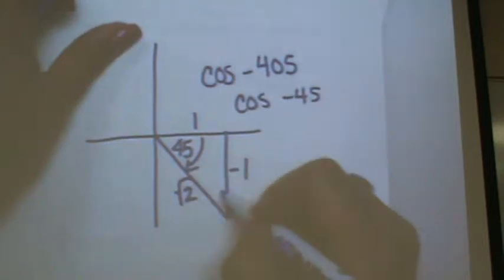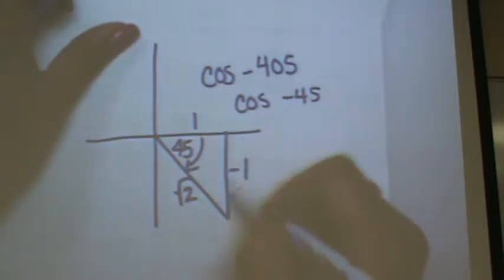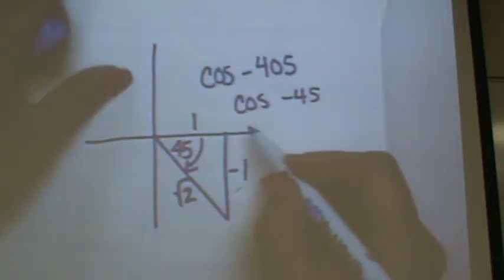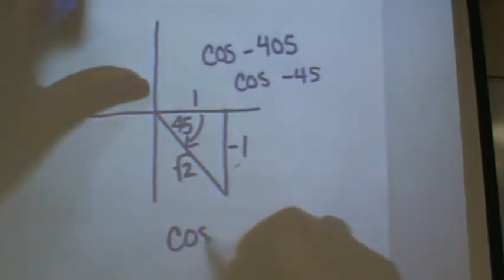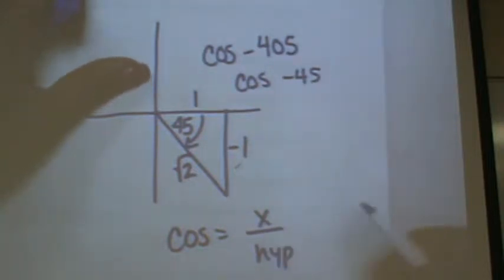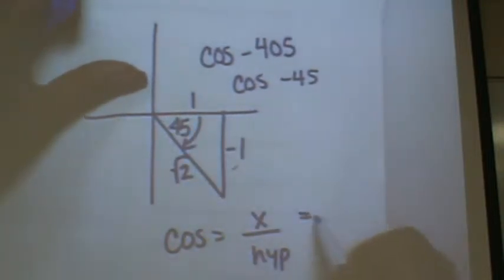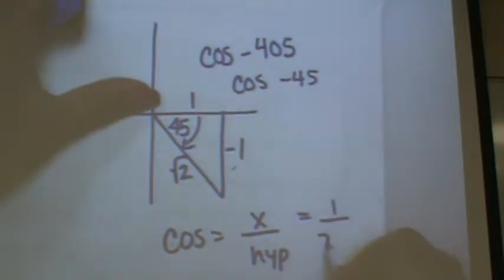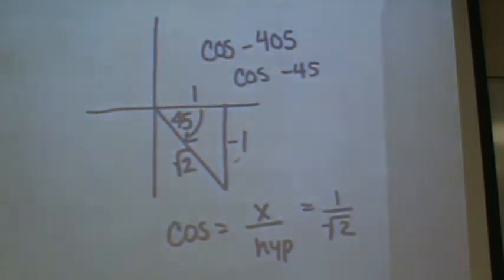Because in quadrant 4, the y values are negative, the x values are positive. Cosine is defined as adjacent over hypotenuse, or x over r. So the x value is 1, and the radius, or the hypotenuse, is root 2. And you can rationalize root 2 over 2 if you need to.